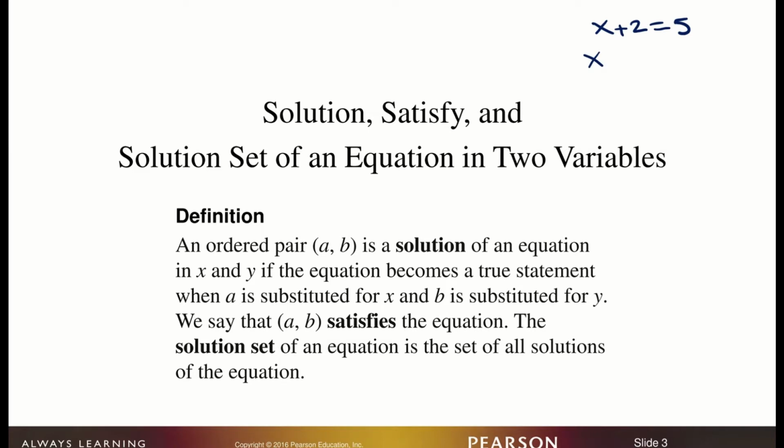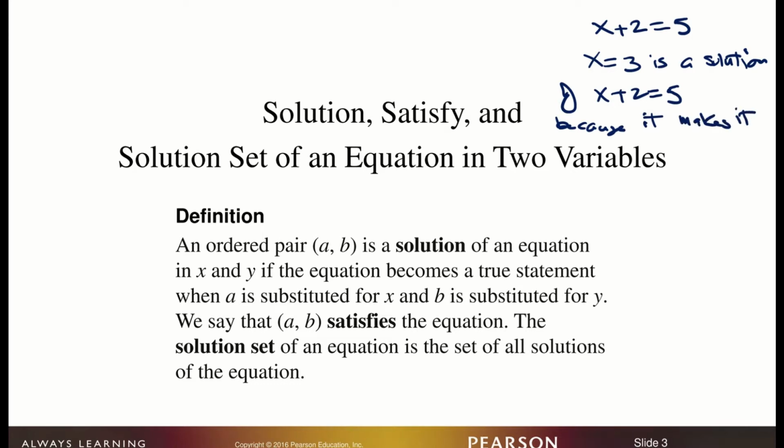So we say x equals 3 is a solution of x plus 2 equals 5 because it makes it true. How?